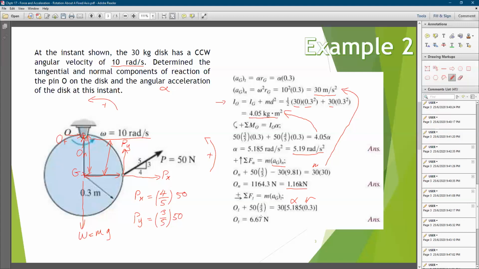Finally we can determine the tangential component of reaction at pin O. Thank you.